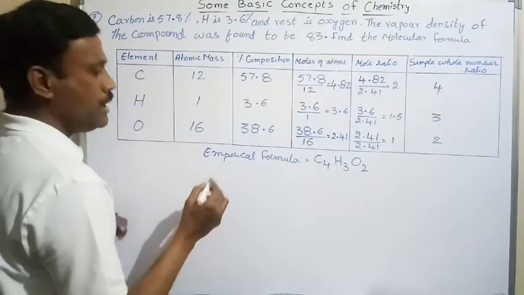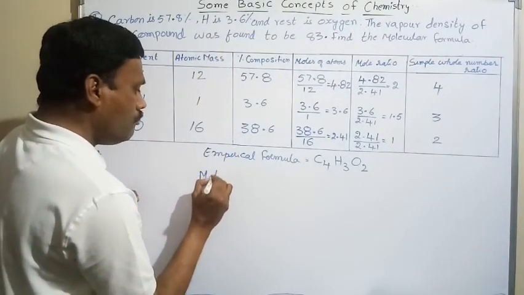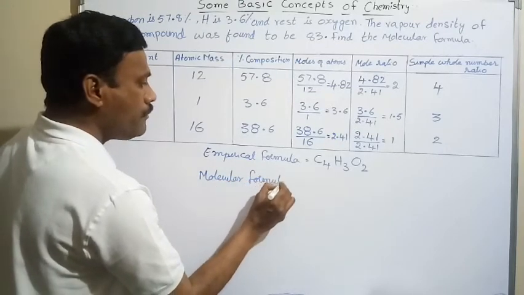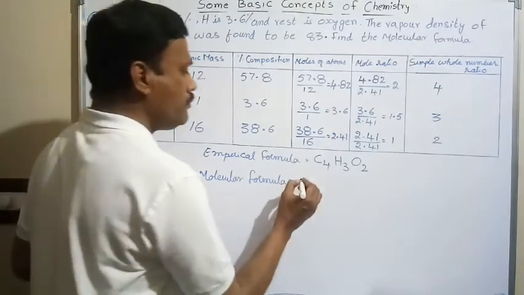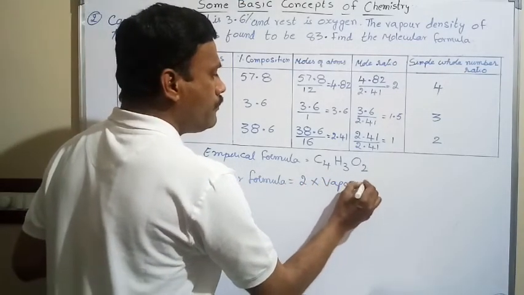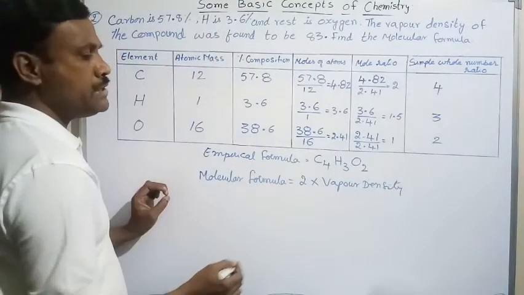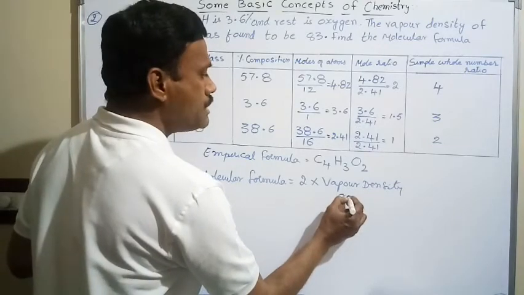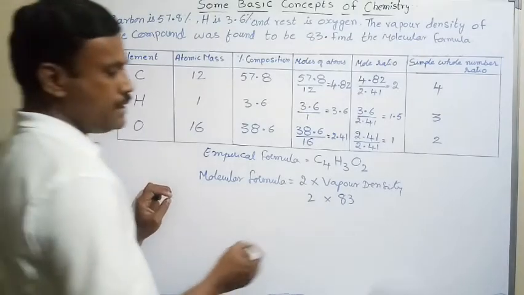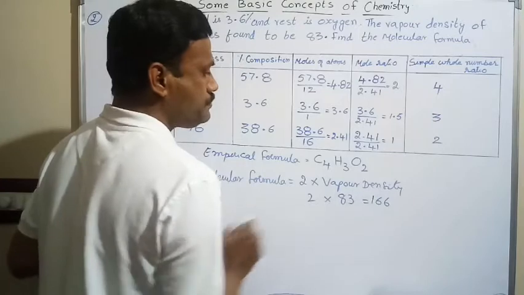We have to find the molecular formula. Vapor density is given, so the molecular mass is equal to 2 into the vapor density. The vapor density value is 83, so 2 into 83 gives 166.